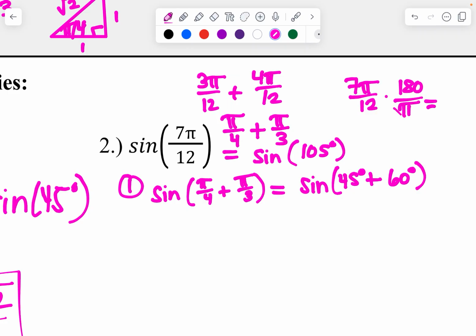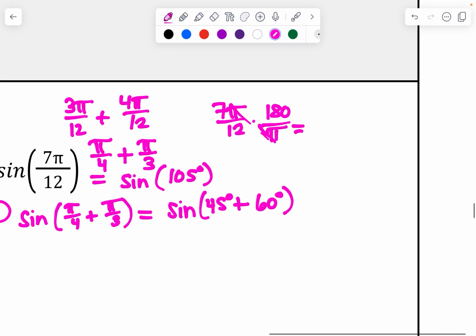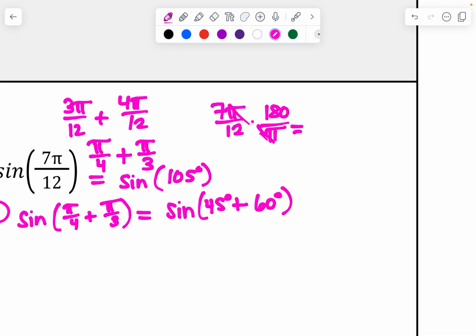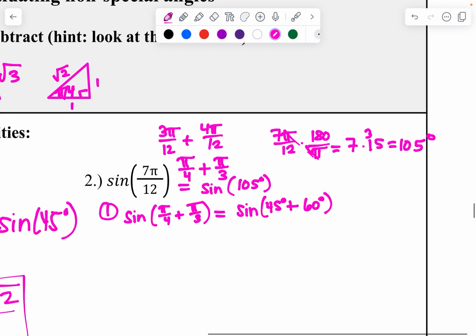So the pi's divide out. 12 will go into 180 15 times. So 7 times 15. So 7 times 5 is 35, carry the 3, 7 times 1 is 7, plus 3 is 10. So that's how we get the 105 degrees, if it's easier for you to break it down in degrees. So 105 is equal to 45 degrees plus 60 degrees.